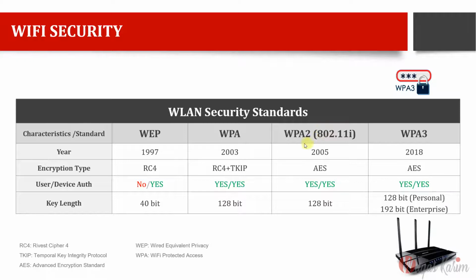So usually we find maximum WPA2. WPA3 is also based on AES encryption and it gives a better key length of 192. So these are some of the security standards.